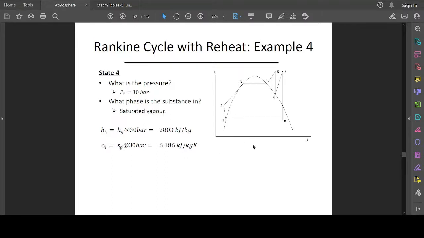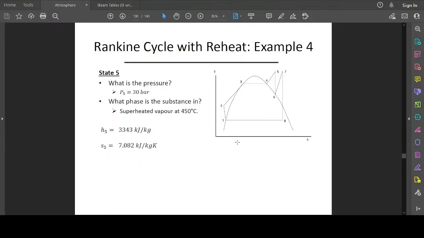At stage 4, we know that the boiler has already heated the saturated liquid at constant temperature, isothermally, to convert all the saturated liquid to saturated vapor. So we go to pressure 30 bar, and under the saturated vapor, we get the values for the enthalpy and entropy.